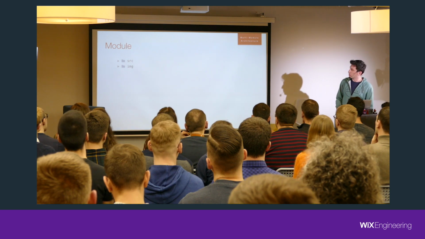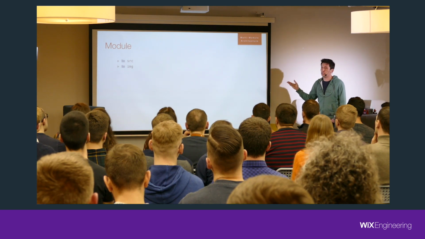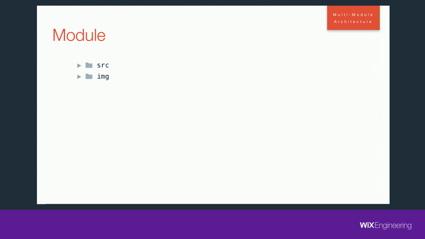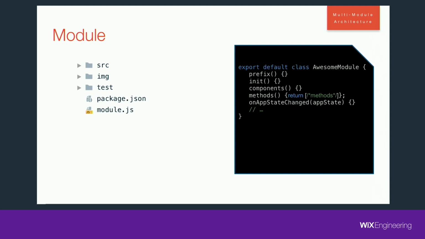A module, we see, doesn't have native code because it's only JavaScript, only business logic. So it has a source library and an image library with assets. It also has a test library with a few tests. And it's supposed to implement a file called module.js, which is actually a contract between a module and the engine.